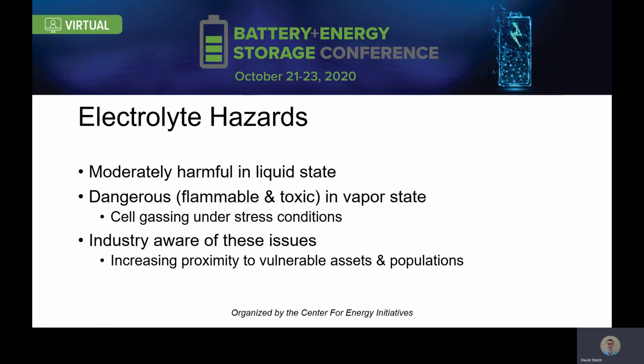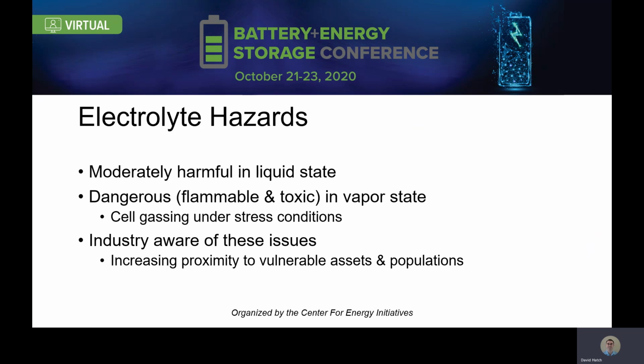Whether it's lithium-ion or other fluid systems, we appreciate that electrolytes can be hazardous. They may be corrosive or toxic in their normal liquid state, but when the cells are distressed, they can release toxic or flammable vapors, which in the worst case could ignite, causing a fire or explosion.